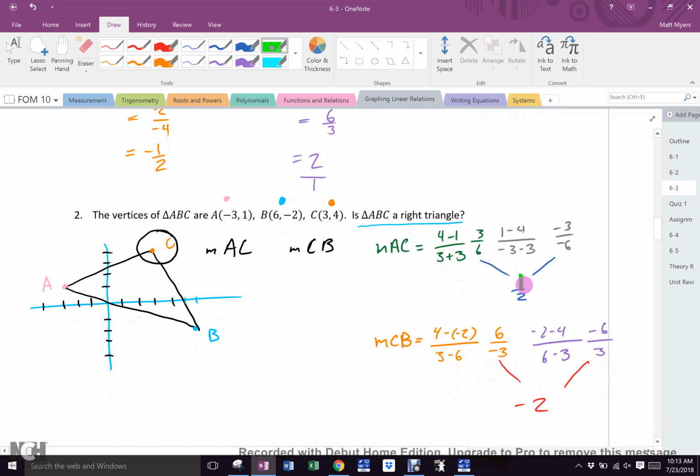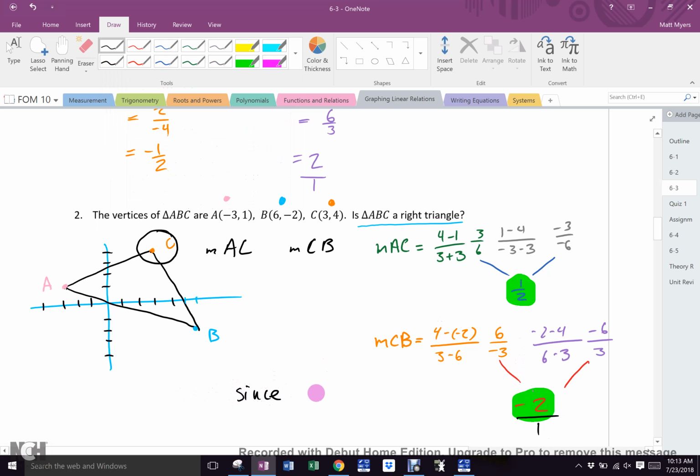Are negative 2 and positive 1/2 opposite reciprocals? Yes, because what is negative 2 really? Negative 2 over 1. So these are opposite reciprocals.